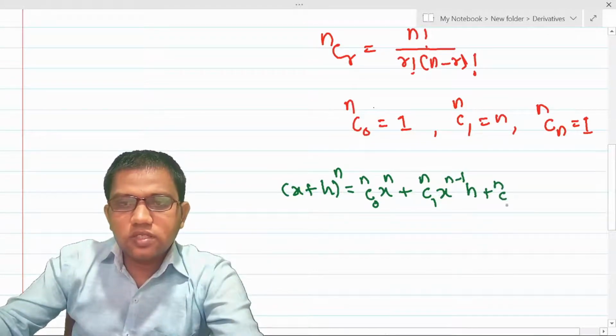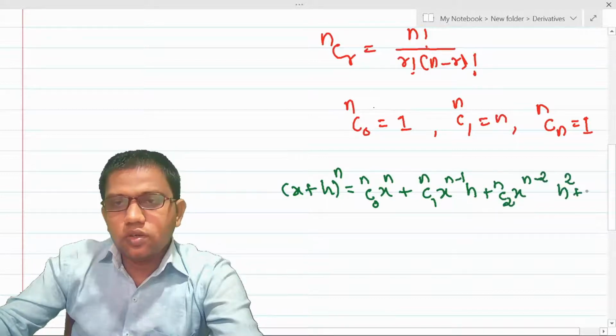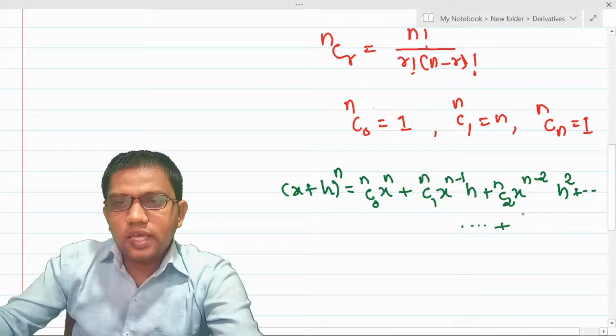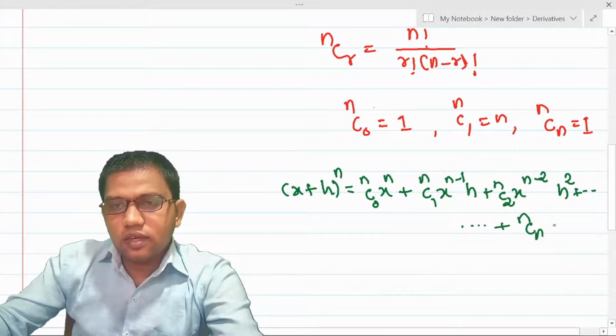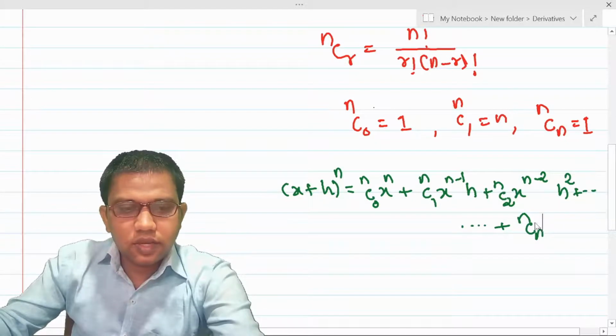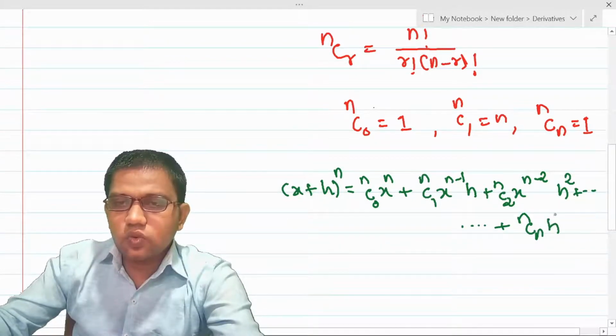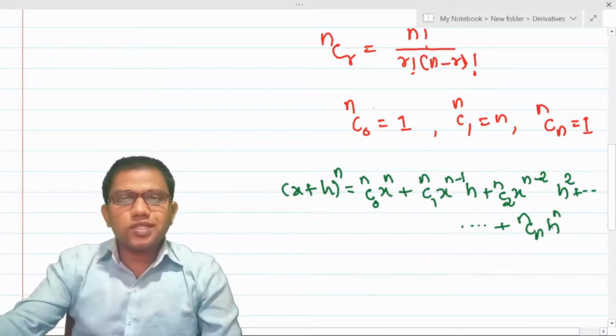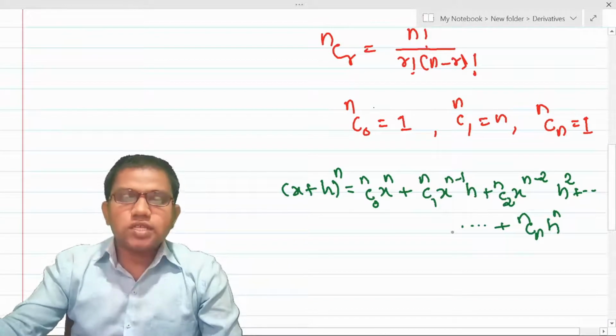Plus nC2 x raised to n minus 2 h raised to 2, plus so on, up to nCn, then x raised to 0, which I am not writing because x raised to 0 is 1, and simply it is h raised to n. You understand this? Okay, I am using this expansion here.